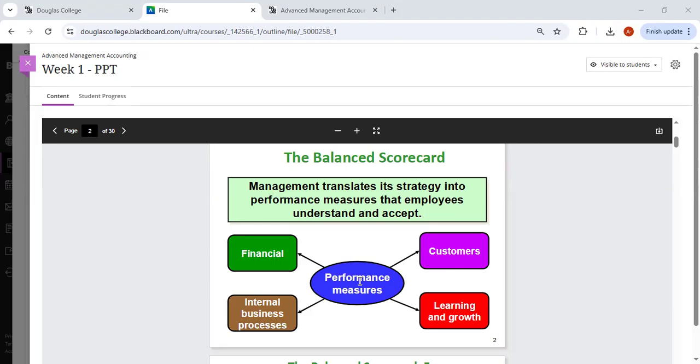Now we can call it employer, we can call it a simple random person walking into your shop. It doesn't matter what we call it. It's simply the customer. So you understand what the customer wants. Then we go to the next perspective.